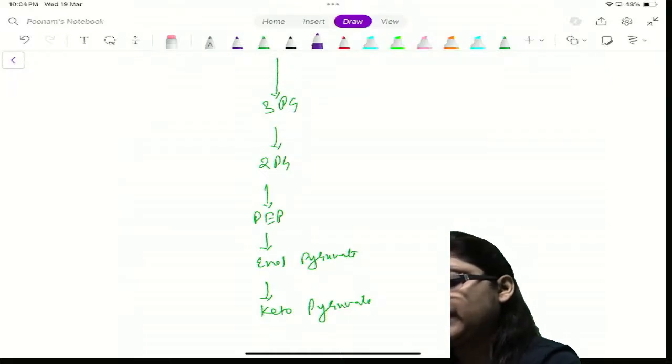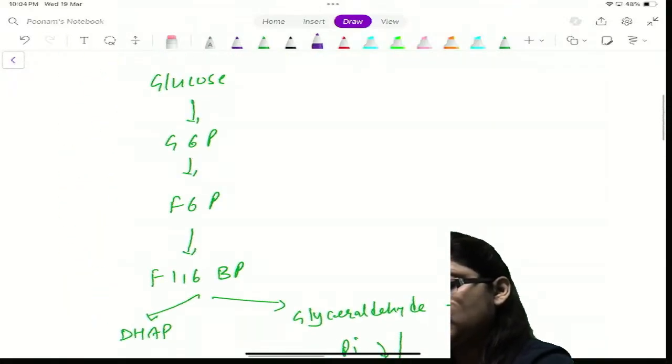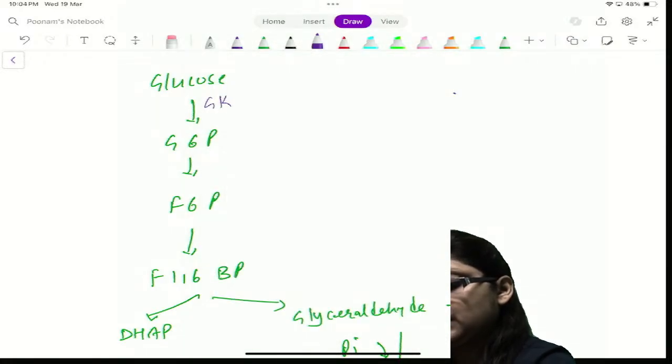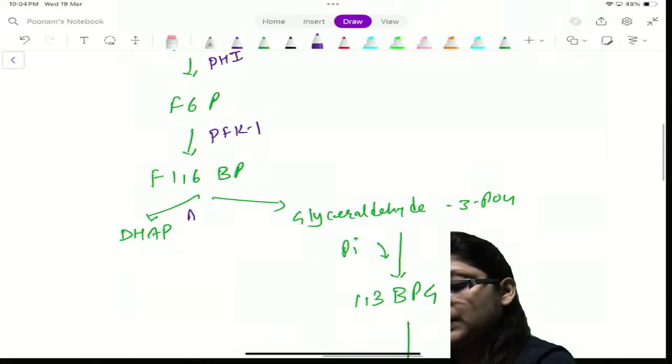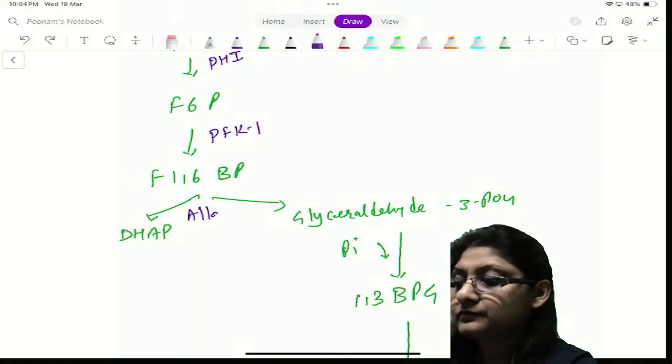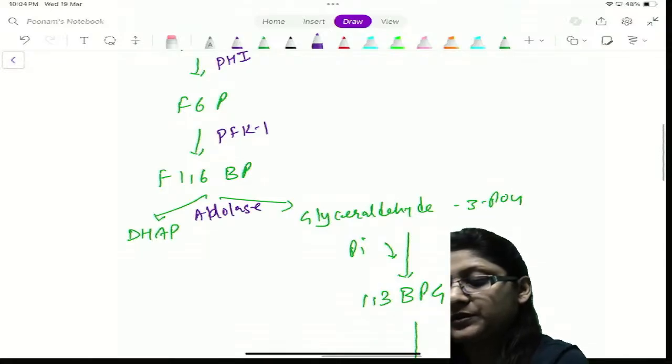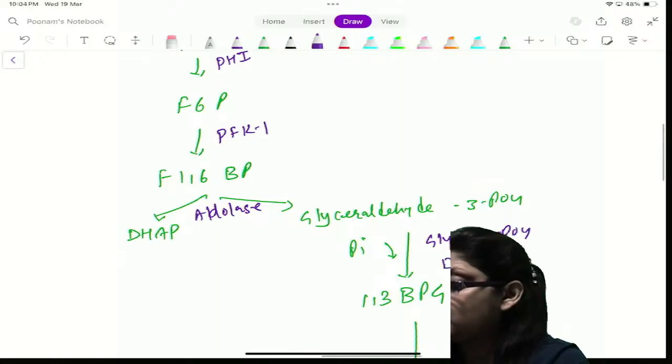Now, if you talk about various enzymes, which you must know, this is glucokinase enzyme. This is phosphohexose isomerase enzyme. This is PFK1 enzyme. This is aldolase enzyme. This is going to be glyceraldehyde 3-phosphate dehydrogenase enzyme.